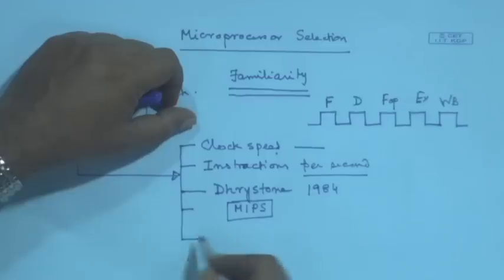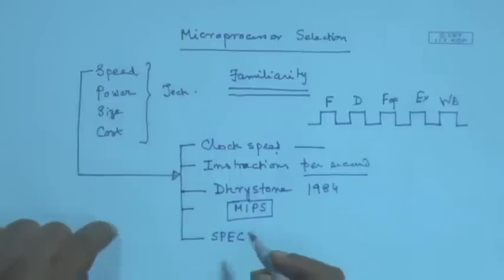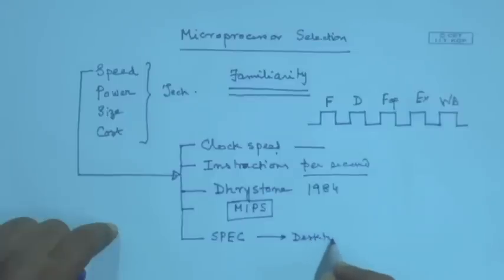Besides Dhrystone, there is SPEC, a set of more realistic benchmarks, but more tuned towards desktops and that sort of thing. There are other benchmarks also, you can find that out.